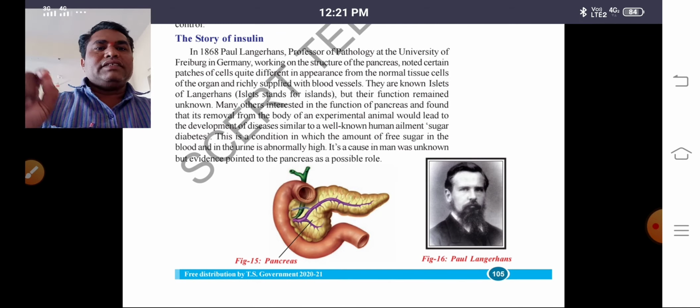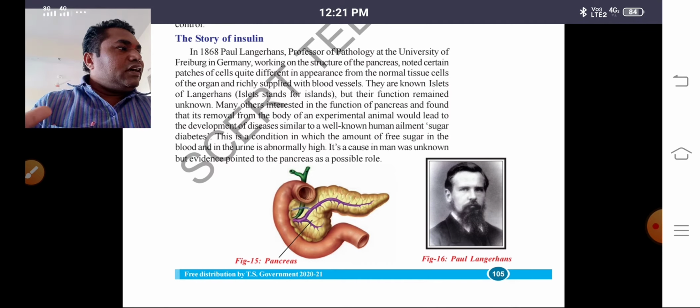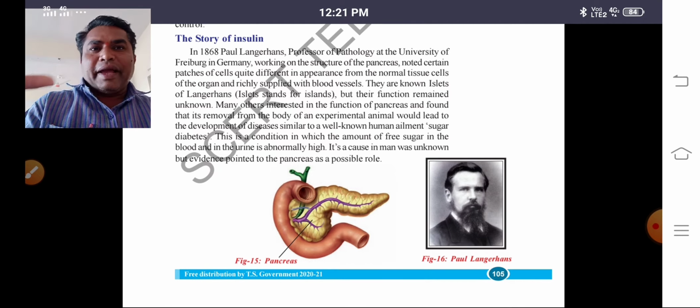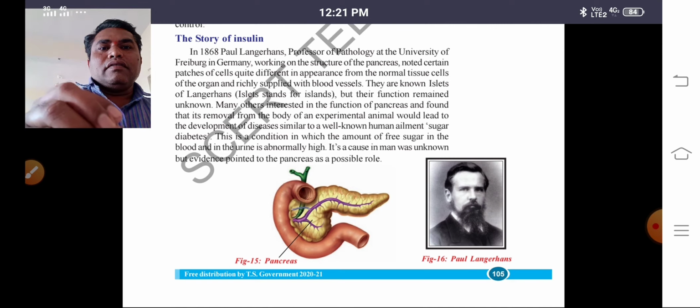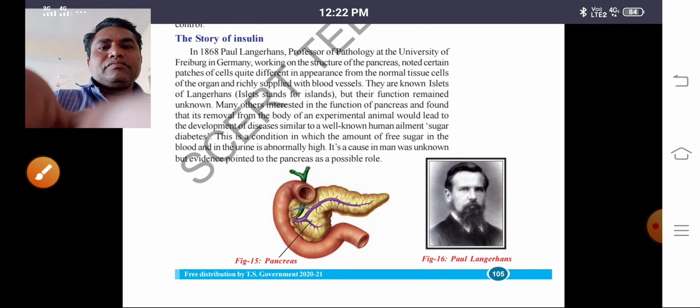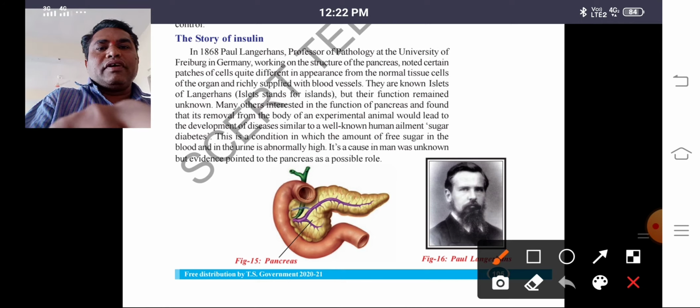They are known as islets of Langerhans. So the pancreas has a special kind of tissue, which we call the islets of Langerhans. Keep this in your mind.